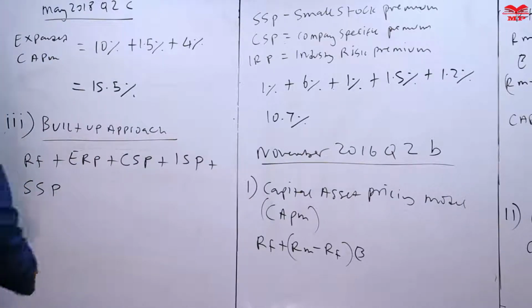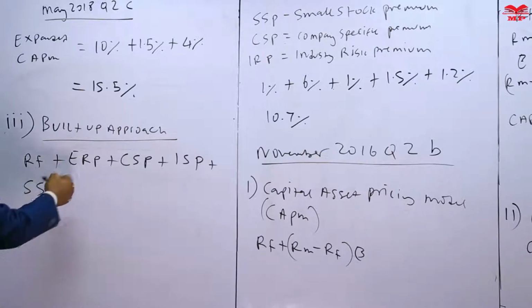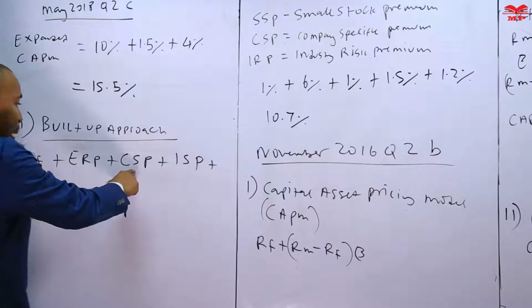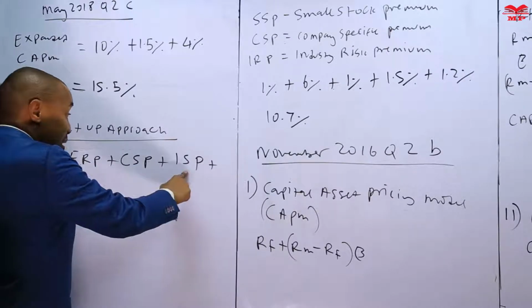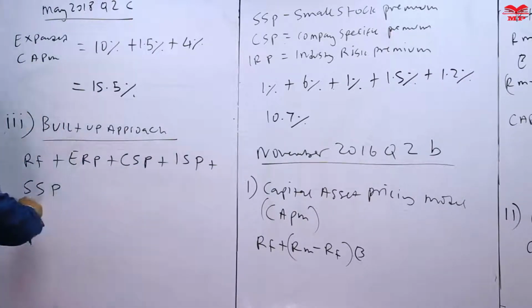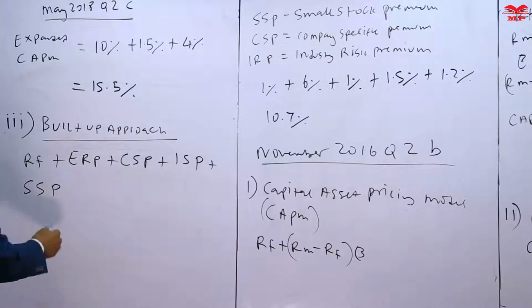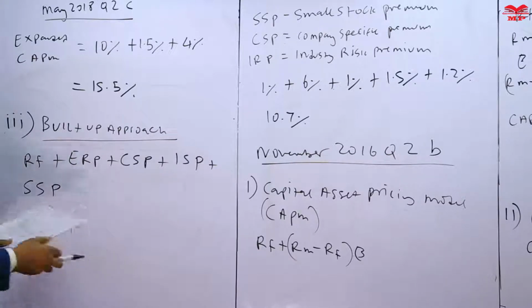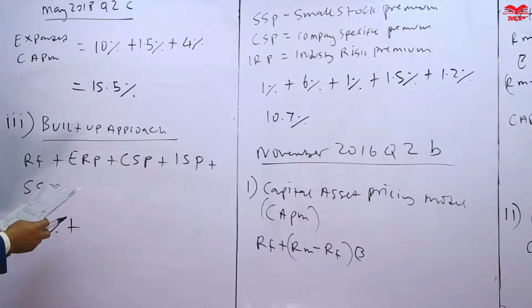We had already explained this before. So this is the risk-free rate, this is the equity risk premium, this is the company-specific premium, this is the industry-specific premium, plus the small stock premium. So we get the risk-free rate as how much? 1%. Plus the ERP, or the equity risk premium, 6%.